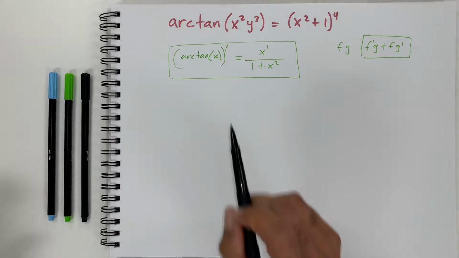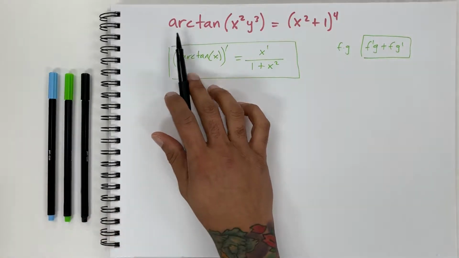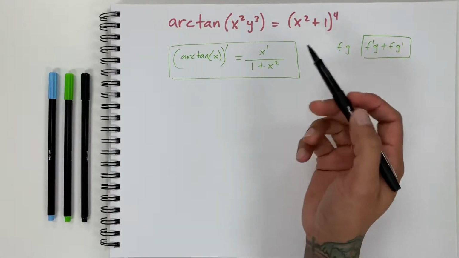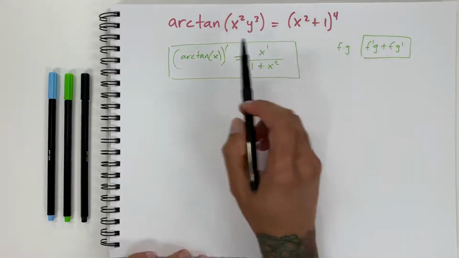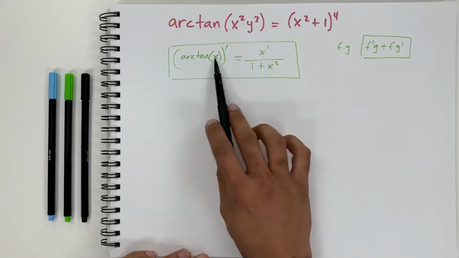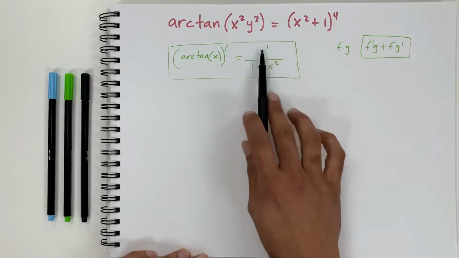All right, so we want to do the derivative of arctan first, right? And every time that we take the derivative of y, we're going to write dy dx next to it. Okay, so I'll show that now. So the derivative of arctangent is the derivative of the inside. So the derivative of this is already going to be a product rule on top.